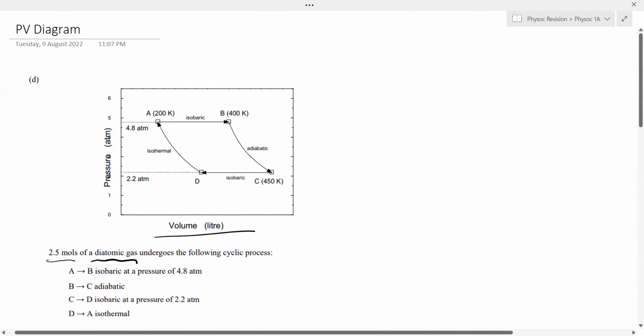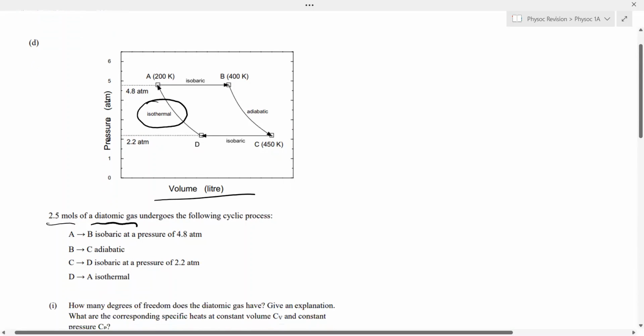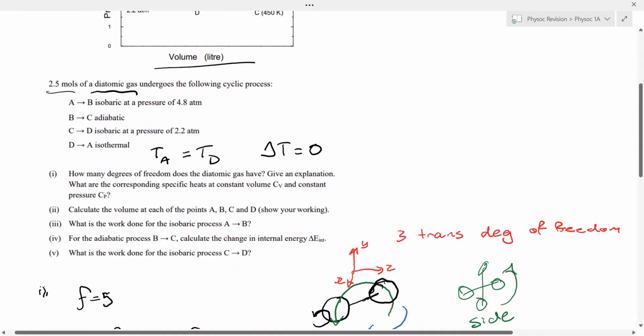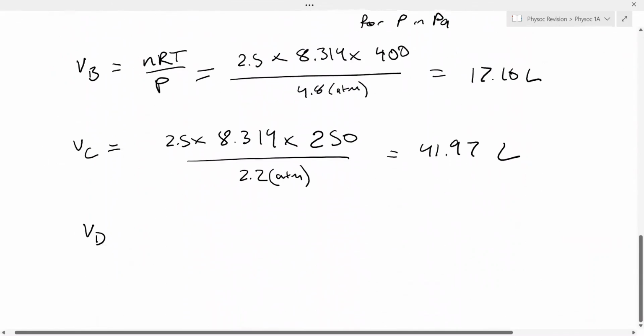They haven't given us a temperature at point D, but we know that D to A is isothermal, which means the temperature at A must equal the temperature at D because our change in temperature is equal to 0. So for this one, C was 450 Kelvin, not 250.